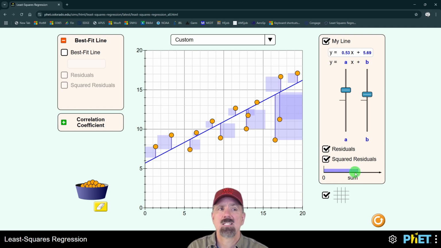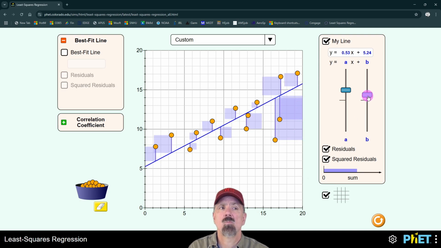We're trying to minimize this sum. And you can see we have this really large square over here. So if we shift down a little bit, and we can see right in here watching, we can kind of pick out for this particular slope what our best position is. And it looks like it's right in there.